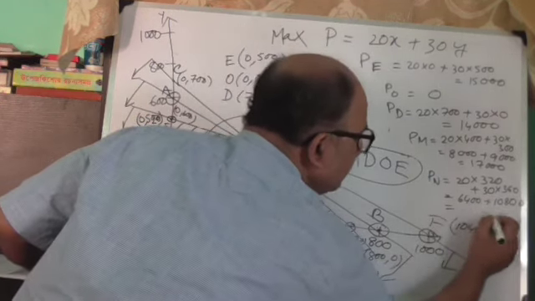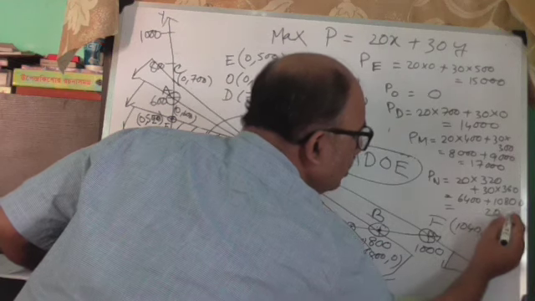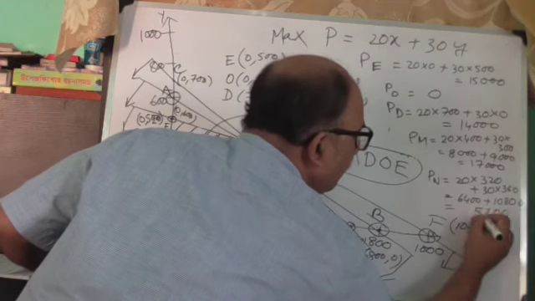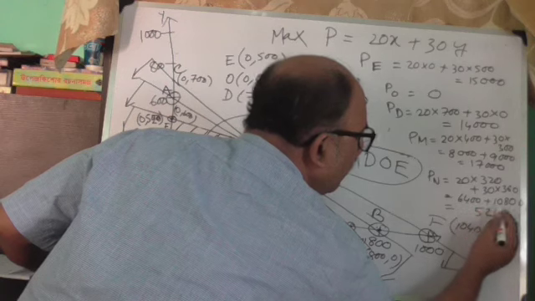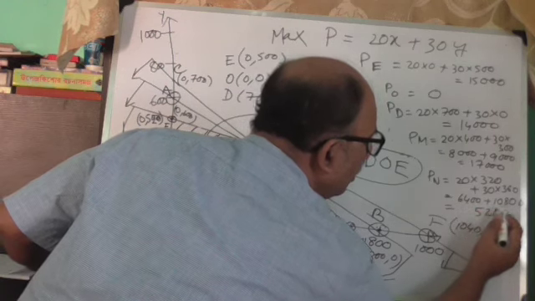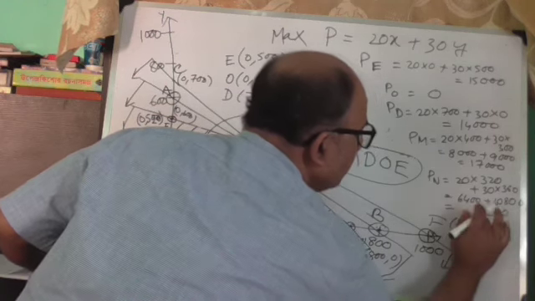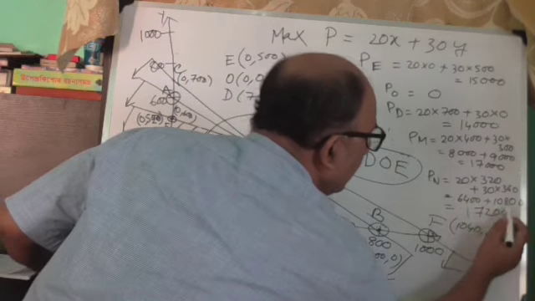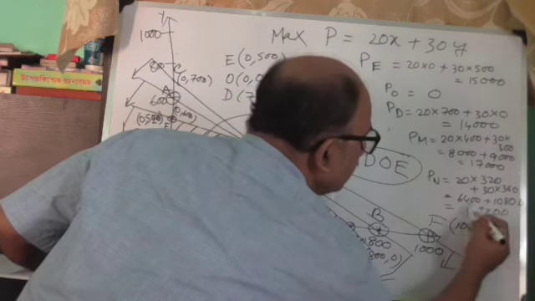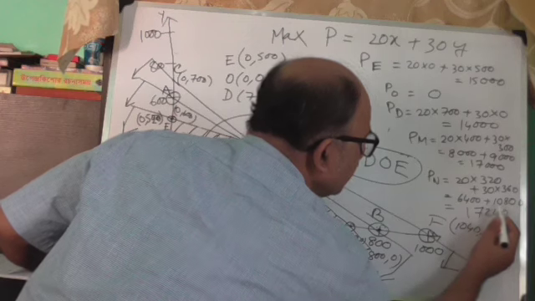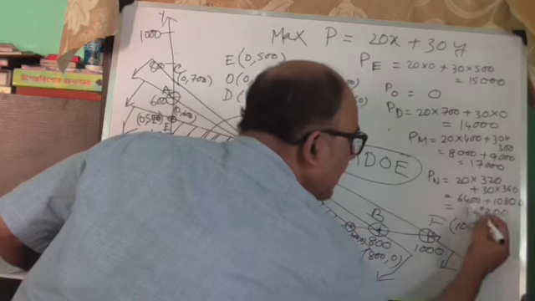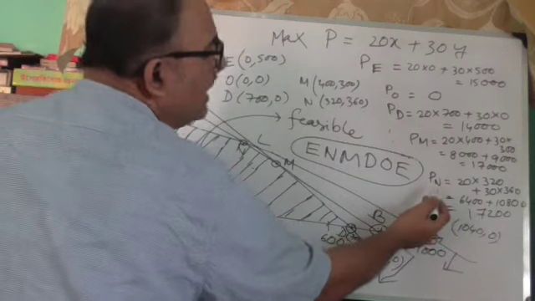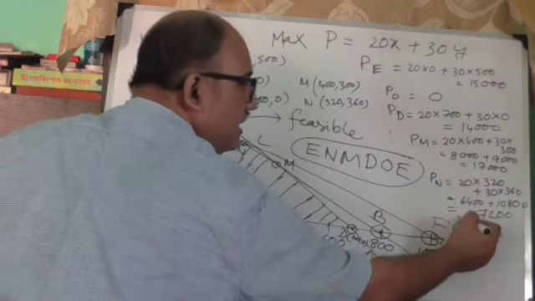So this becomes 17,200. So at the point N, the profit is 17,200.